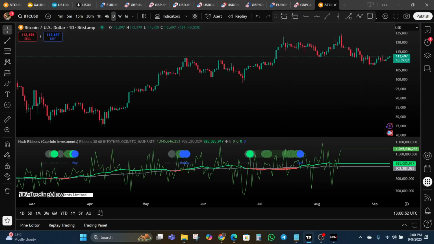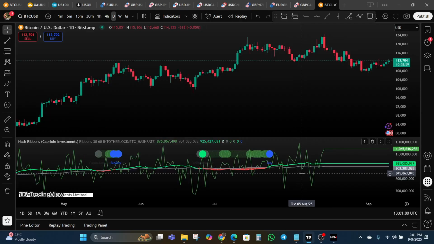This creates stress in the network and is reflected in a decline in hash rate. Recovery occurs when miners turn their machines back on, rebuild the hash rate, and resume normal activity.